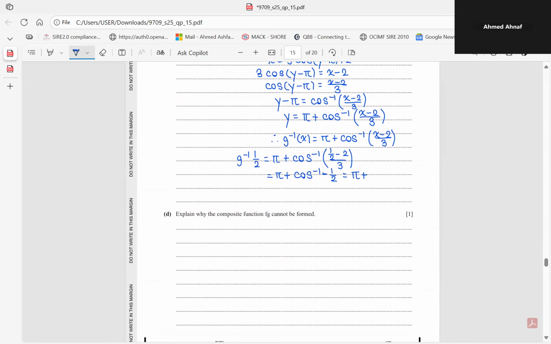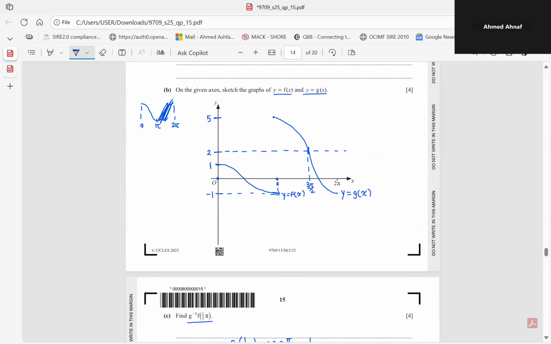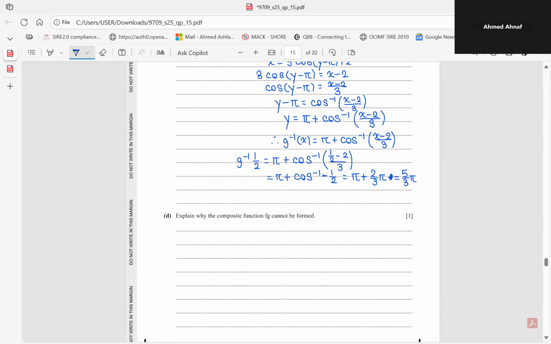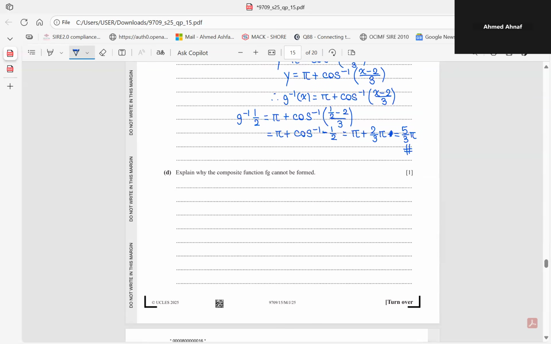So let's take our first answer, which is 2/3 pi. So this would give us 5 over 3 pi, which lies within the domain of g(x). So yep, we can accept this answer. So this is our final answer for this part. Let's head on to the next part.